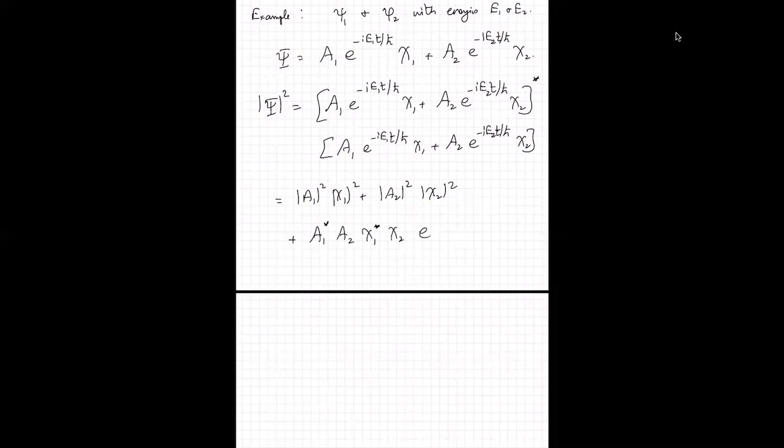So you will get terms like mod a1 square mod chi_1 square plus mod a2 square mod chi_2 square, but you would also get terms like a1 star a2 chi_1 star chi_2 e to the i (E1 minus E2) t over h bar, plus the complex conjugate, a1 a2 star chi_1 chi_2 star e to the minus i (E1 minus E2) t over h bar.